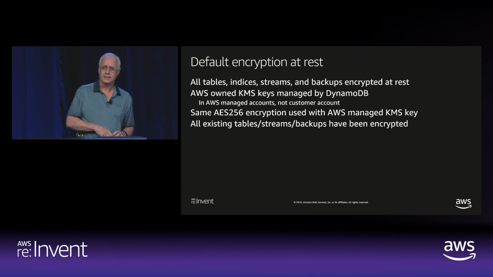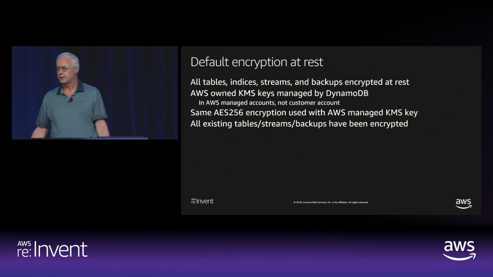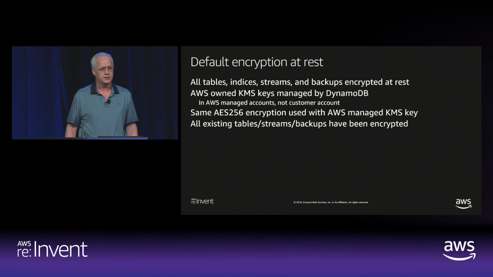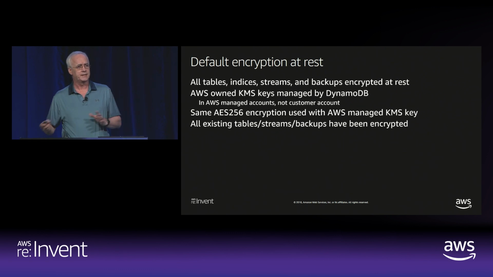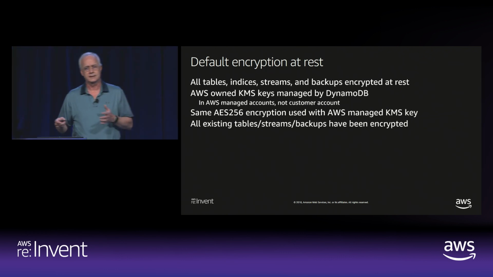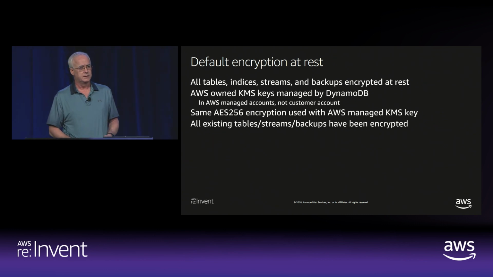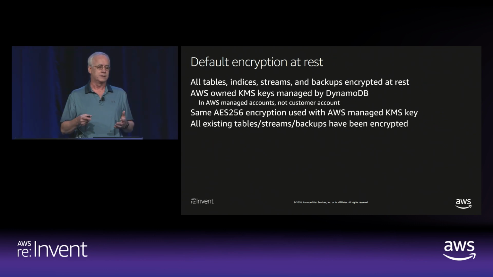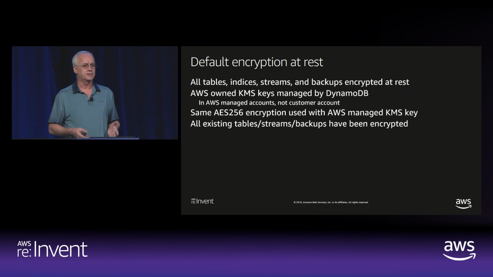All existing tables that existed across DynamoDB for all customer data have been encrypted. We've been doing that over the past few months. So right now, if you have a DynamoDB table, whether you created it today or whether you created it 6 months ago or whether you created it a year ago, that data is now encrypted. Your streams are now encrypted. Your backups are encrypted.